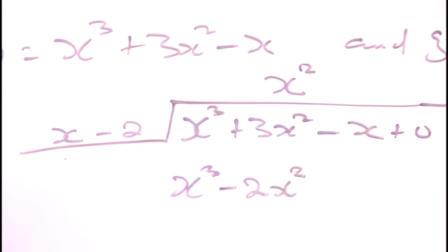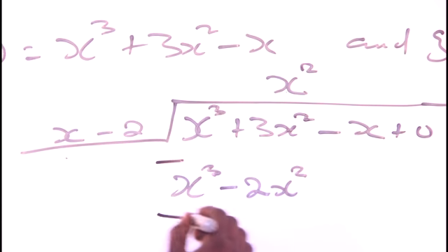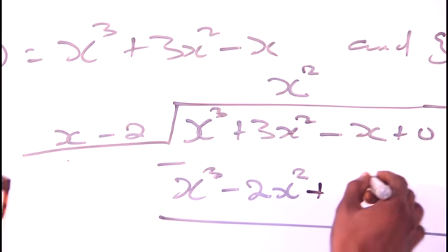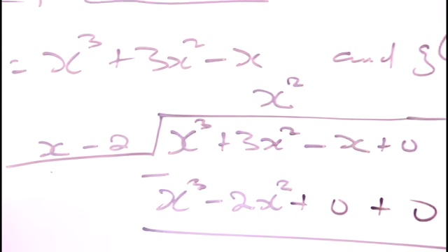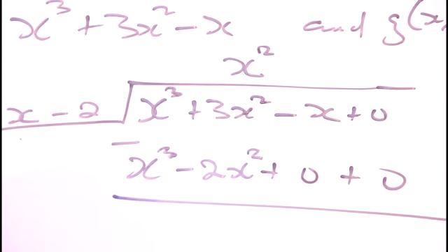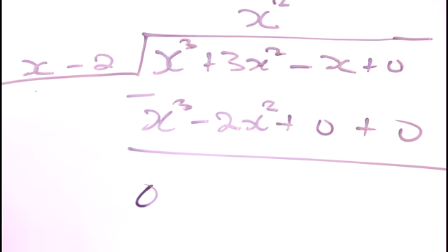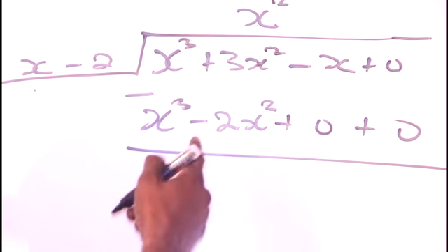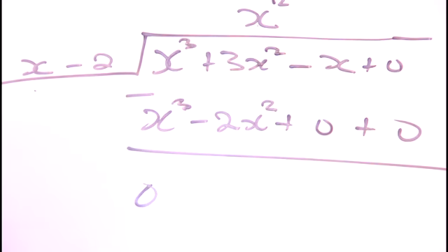Now, if we have that, we can find our simple difference. If you like, you can put plus 0. It's still okay. Then let's do our subtraction. X cubed minus x cubed is 0. Then 3x squared minus minus 2x squared. Sometimes, if you notice, there will be a little confusion.